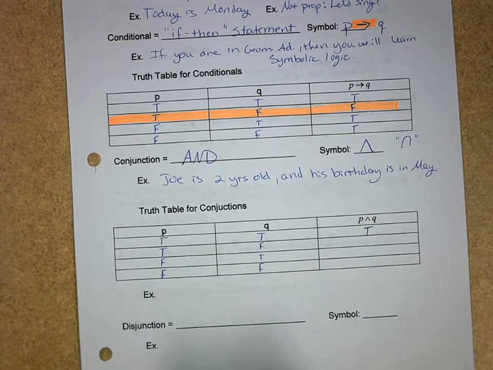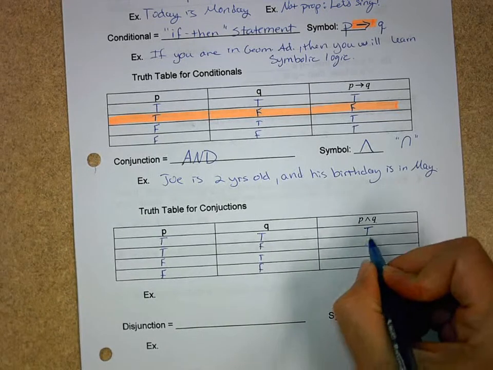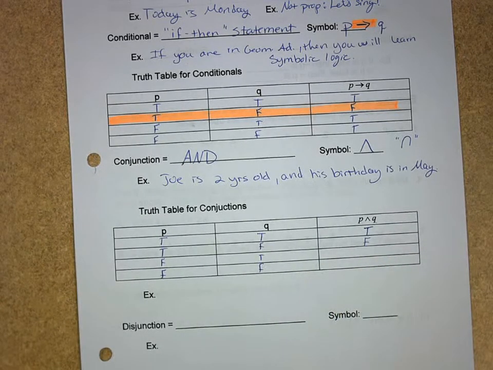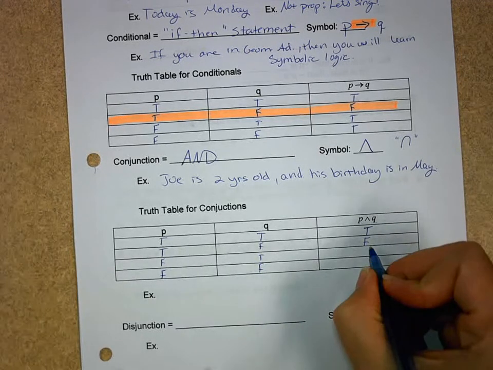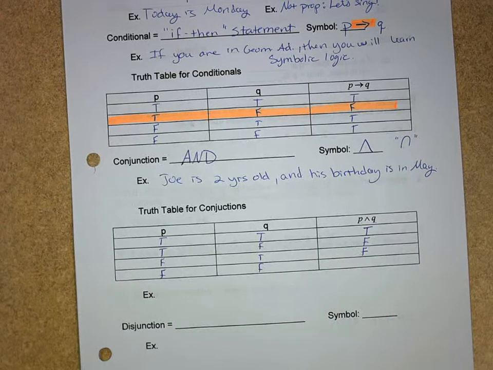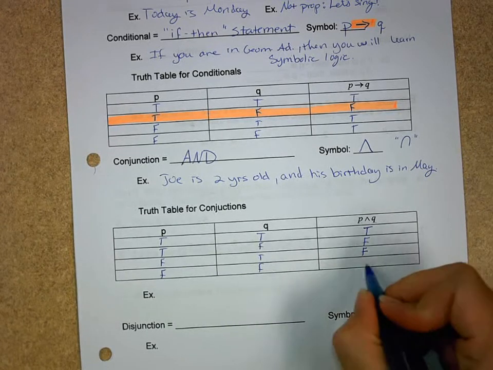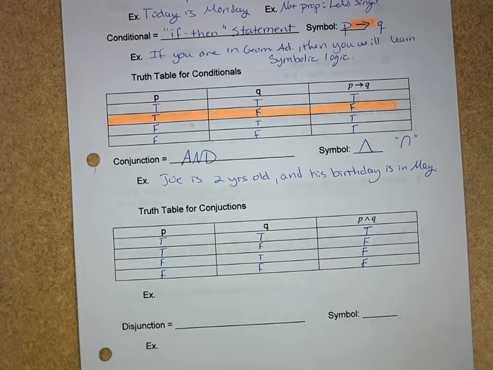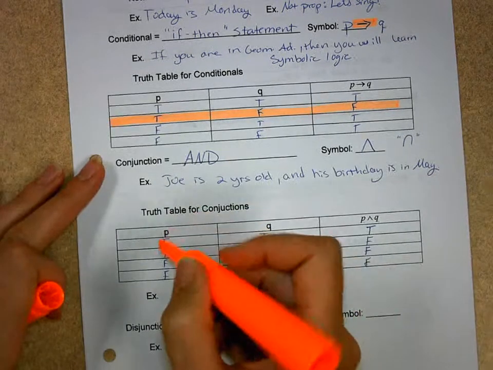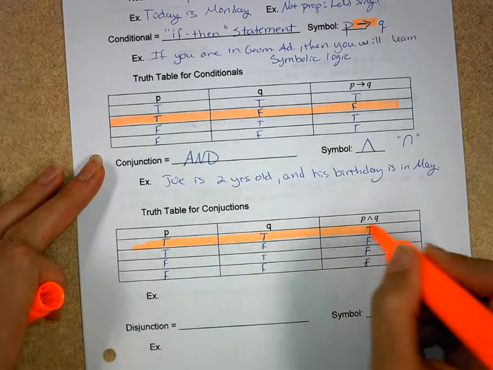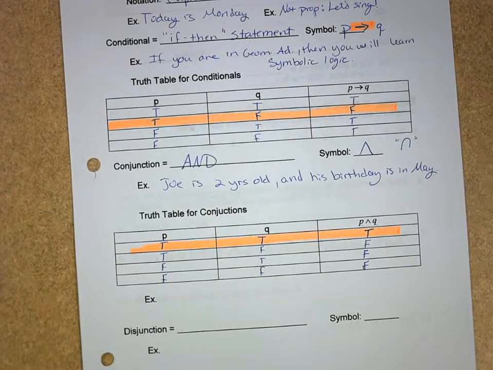But if I have a true and false statement, the false now actually wins out over the true one, because I can't get rid of the bad from the good, so it's going to be false. Then I have a false and true, which is false. Then I also have a false and false statement. Well, a false and false statement is completely false. So there's only one time that a conjunction, an and statement, is ever true. And that's when you have both truths, when we work with it.